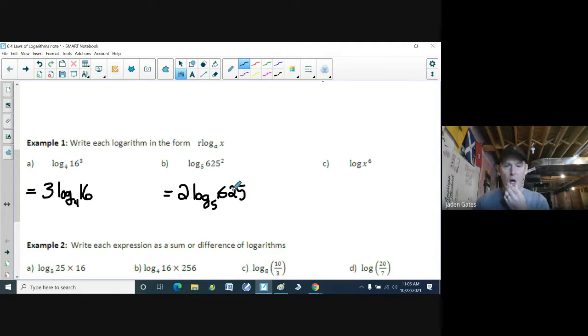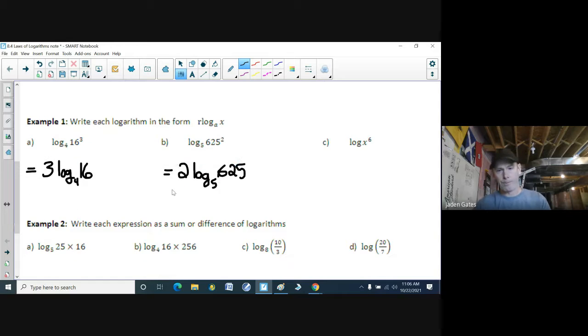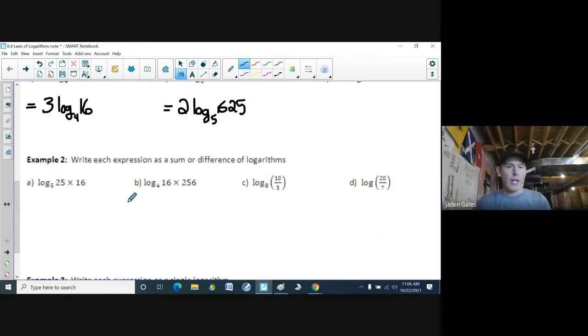Now, the 2 other log rules I want to focus on here that we didn't do are, and this should be in brackets here, write each expression as a sum or a difference of logarithms. Now, to make this more correct, I should put brackets around that.